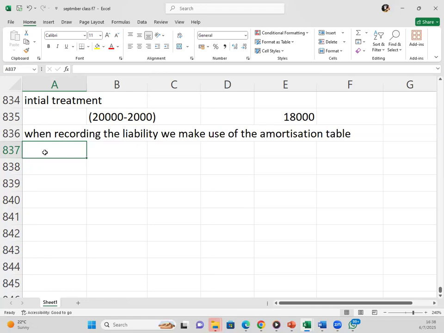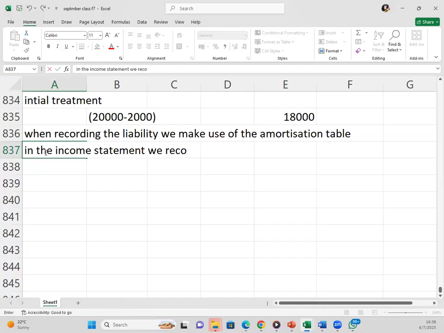Then let's move on. What else may we need to add? In the income statement, we record the finance costs.